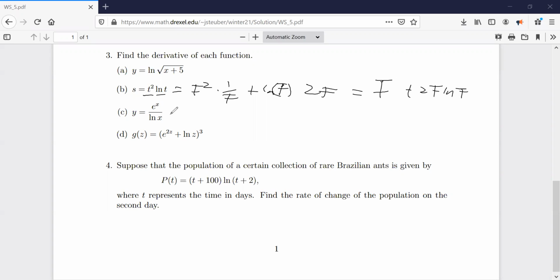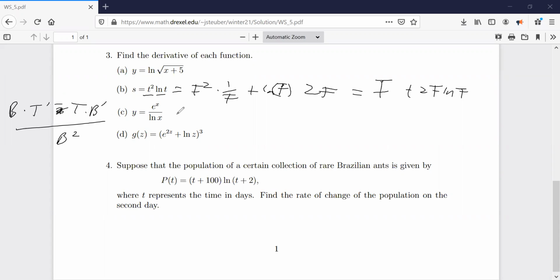Cool. So do people want me to do this as a product rule or as a quotient rule? Quotient. Okay, cool. So again, quotient rule is bottom times the derivative of the top, minus the top times the derivative of the bottom, and then that is all over the bottom squared.